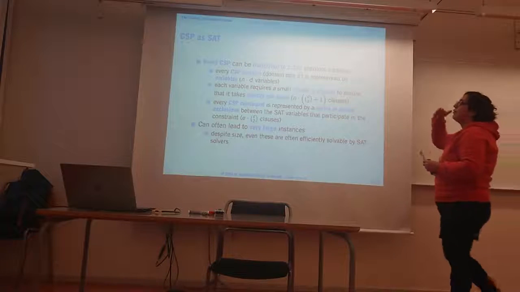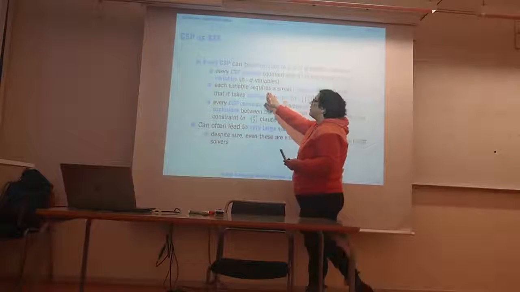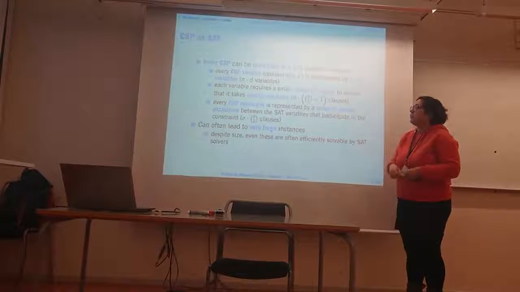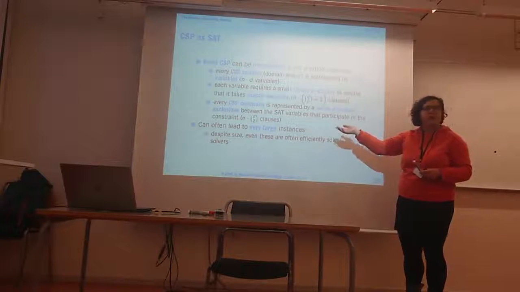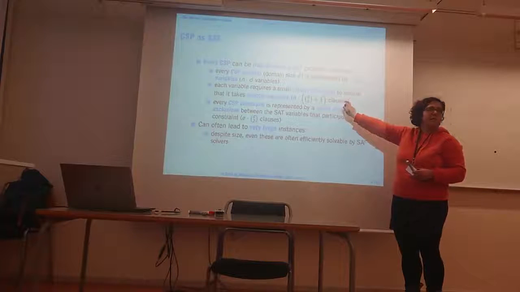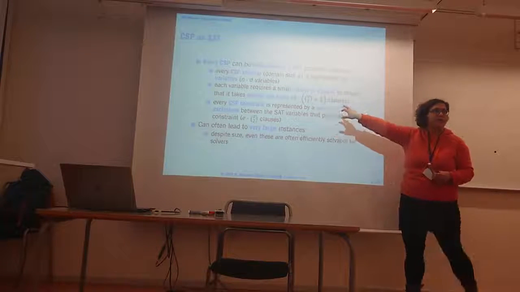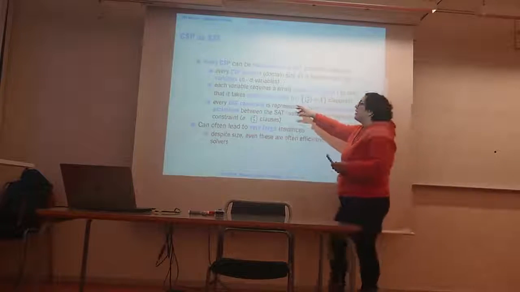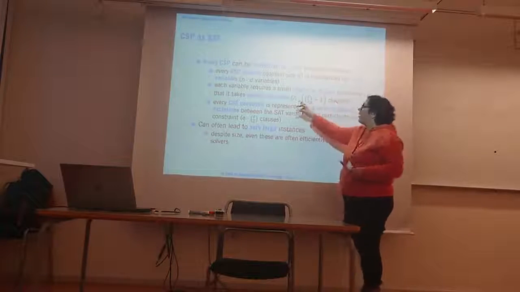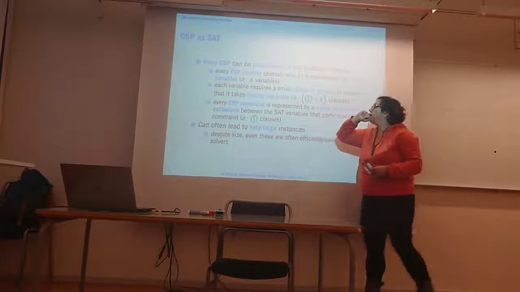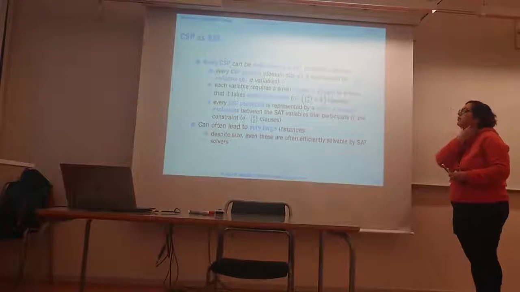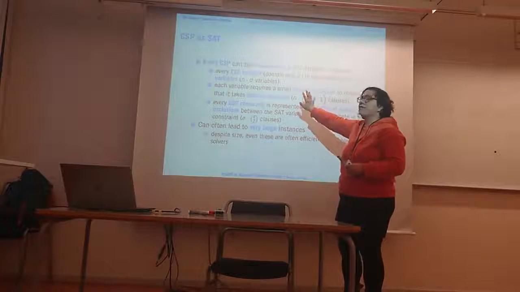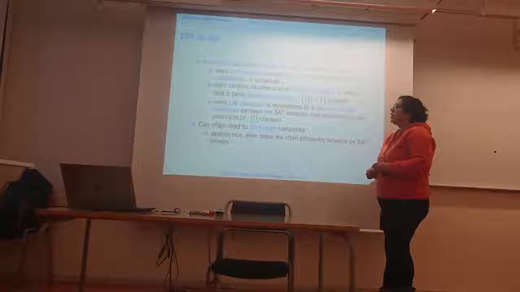Therefore, we have to introduce clauses that represent that each variable has only one value, and for doing so, we have to add extra clauses. I'll make a concrete example so you will see immediately why. For now, the number of clauses we have to add is n times the combination of 2 out of d, plus 1. I'm going to explain later by example why this is the case.